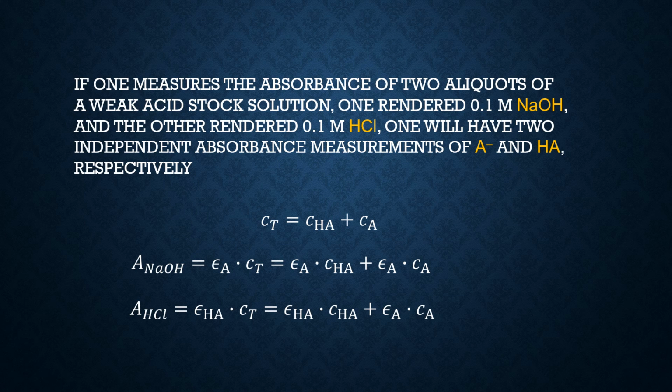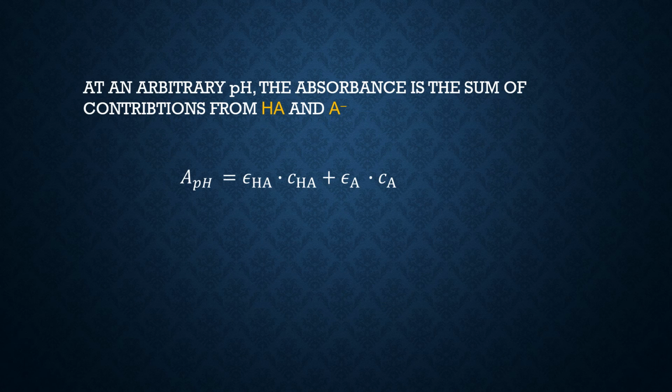What I'm going to do now is subtract each of these two independently from the absorbance at an arbitrary pH. So recalling that at an arbitrary pH, a buffered solution, for example, I have the following Beer's law representation, namely contribution from each of the species.